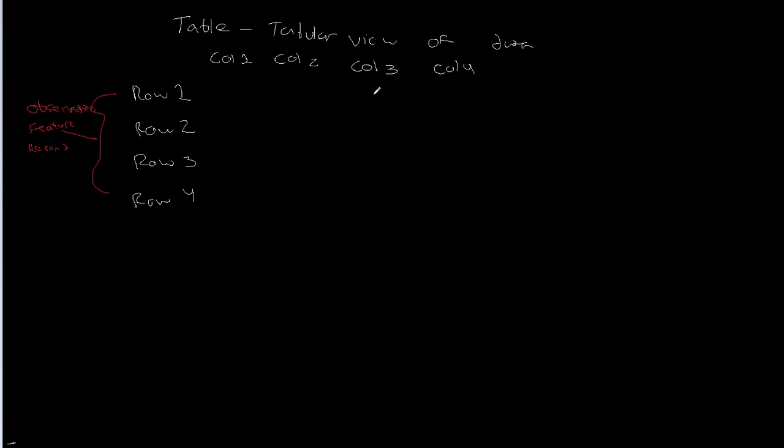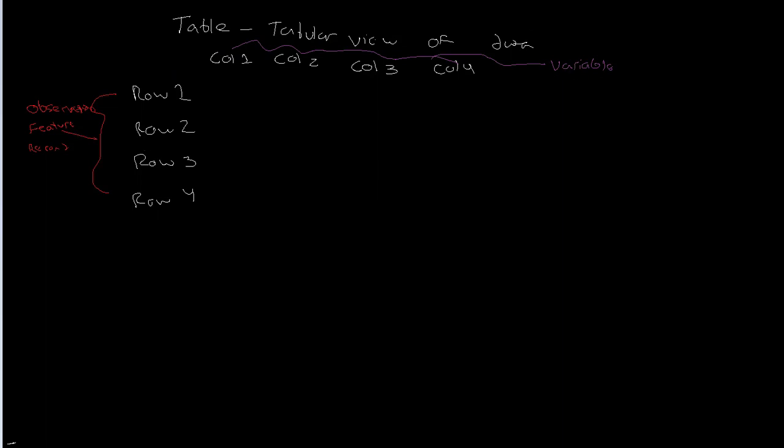Typically in GIS, it's a feature, so it could be a point, it could be a polygon, it could be a line. And then each column, by contrast, represents a variable. So for example, column 1 could be population, and each row might be a census tract or a county.